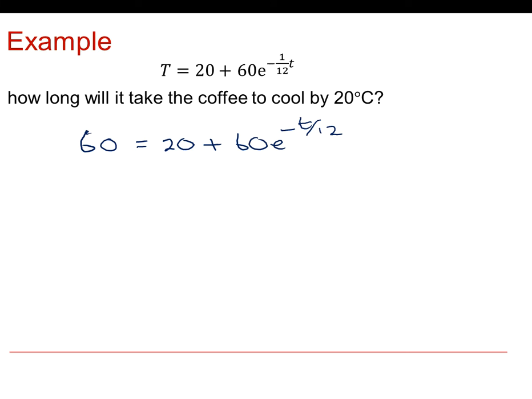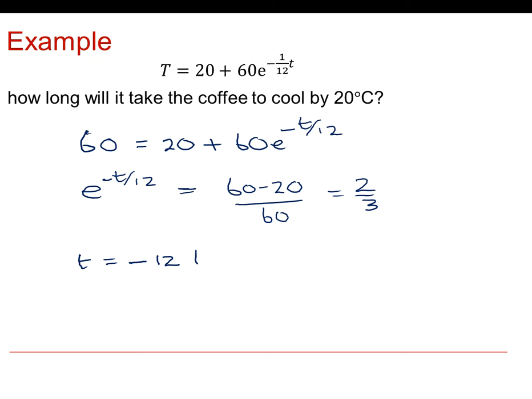So e to the minus t over 12 will be 60 minus 20 all over 60, which is 2/3. And then t will be minus 12 natural log of 2/3, or about 4.87 minutes to 3 significant figures.